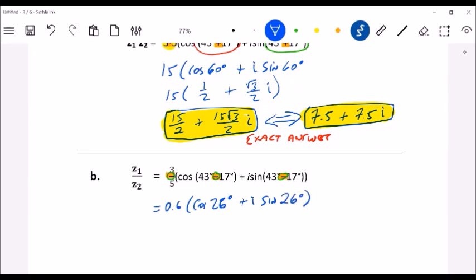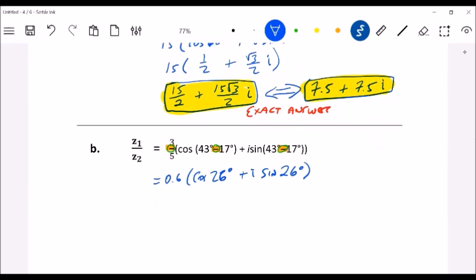Now 26 degrees is not on the unit circle. Therefore, we'll have to do that in the calculator. And we get that the cosine of 26 degrees is approximately 0.9, and then the sine of 26 degrees is approximately 0.44, and then i after it.